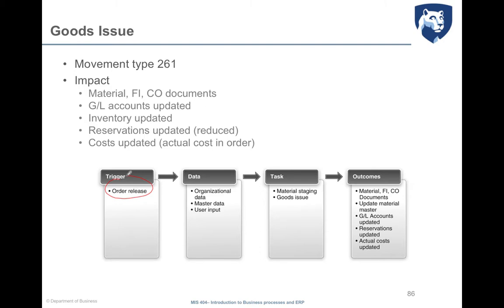This is the input that says, okay, we need to take materials and components to realize this production. Please note that there can also be additional steps. It's not just a matter that the order is released and tomorrow I will have the material. There can be additional steps like material staging, if materials must be prepared to be used and to be processed by the production system.